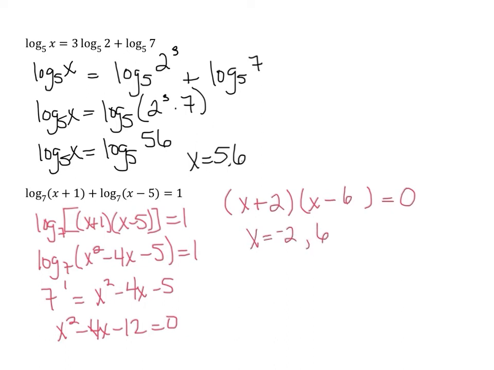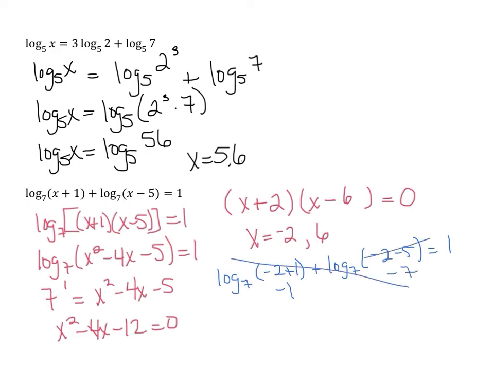Now the most important thing: I do have to plug this back in to check. So if I have the log base 7 of negative 2 plus 1 plus the log base 7 of negative 2 minus 5, what I get here is the log of a negative 1 and the log of a negative 7. I can't do that, which means that negative 2 isn't possible.